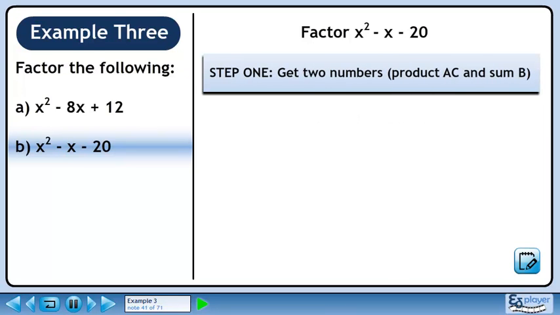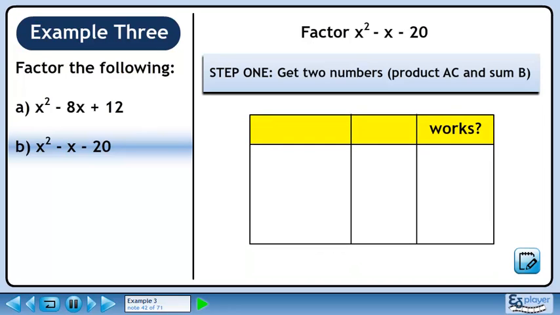In step 1, we'll get two numbers with the product of a times c and a sum of b. A times c is minus 20. B is minus 1.